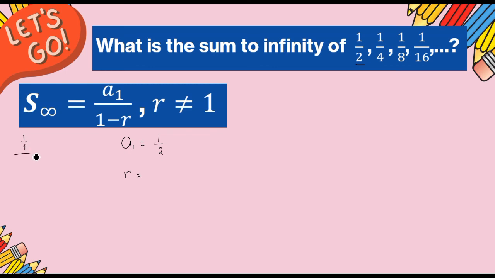So, 1 over 4 divided by 1/2. So, since fraction, gagawin nating multiplication and then reciprocal ng ating divisor. So, 1 over 4 times 2 over 1. 1 times 2 is 2, 4 times 1 is 4, so magiging 2 over 4 or 1/2.